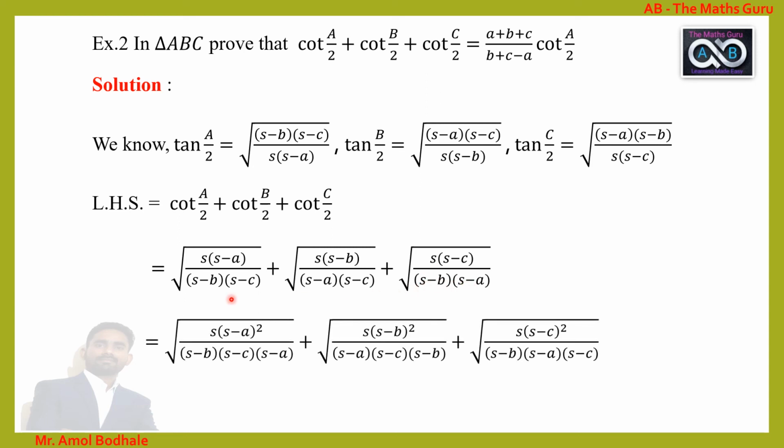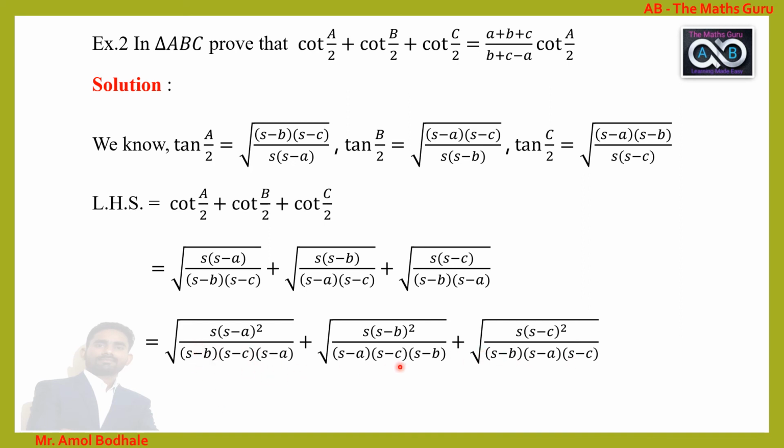So here we can multiply and divide by s minus a to the first term in square root. Similarly, in second term, we are multiplying and dividing by s minus b to numerator and denominator. Similarly, in third term, we are multiplying and dividing by s minus c. So that is why we will get all terms of denominator the same.